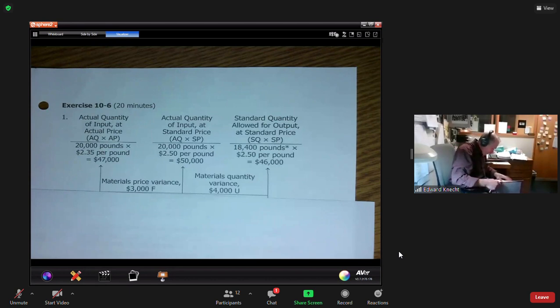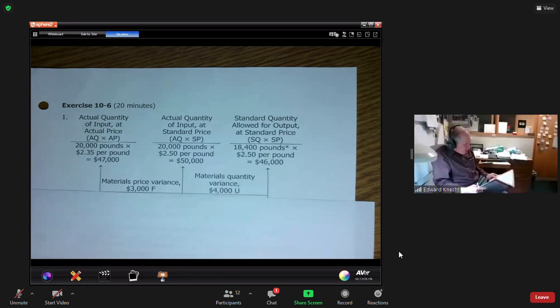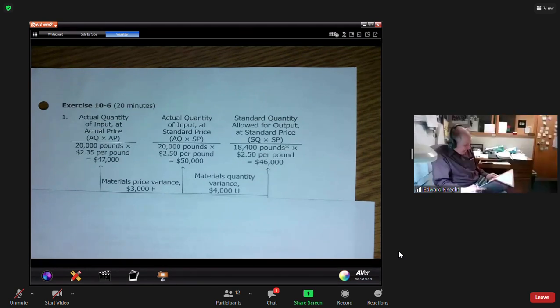I do. It says right there, pounds. 4.6 pounds is the standard. Yes. And we're producing a product called Zoom. It's a cleaning compound.